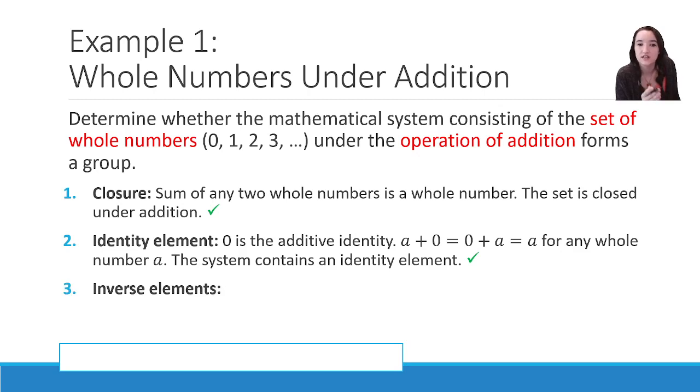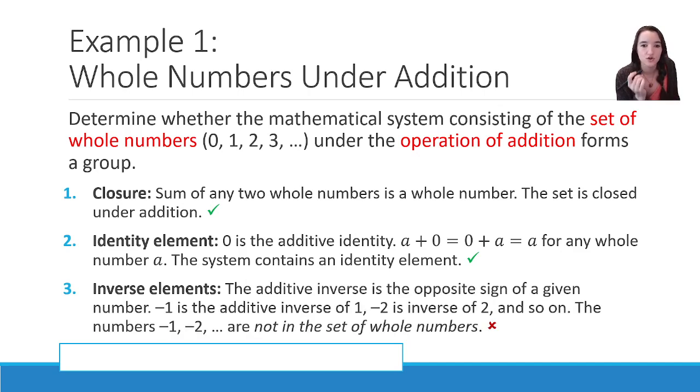And again, just like for the identity, we also have a default inverse element for addition. The additive inverse is the negative of any given number, right? So 2 plus negative 2, 3 plus negative 3, that's how we get back to 0. So are those numbers part of this set, this system?